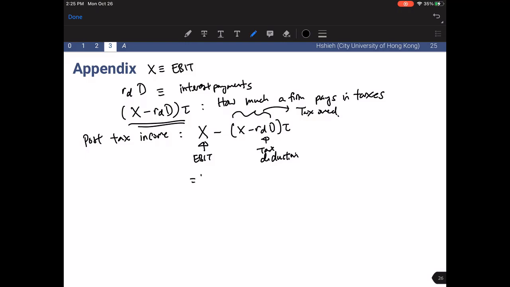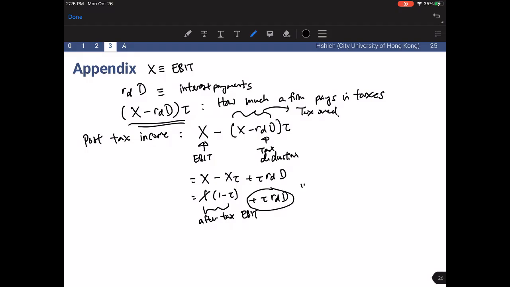So that's X minus X tau plus tau RD times D. Let's group things together and factor out X. So that's X times 1 minus tau, plus tau RD times D. This first expression is our after-tax EBIT, which you've seen before many times, and tau RD times D is our so-called tax shield.